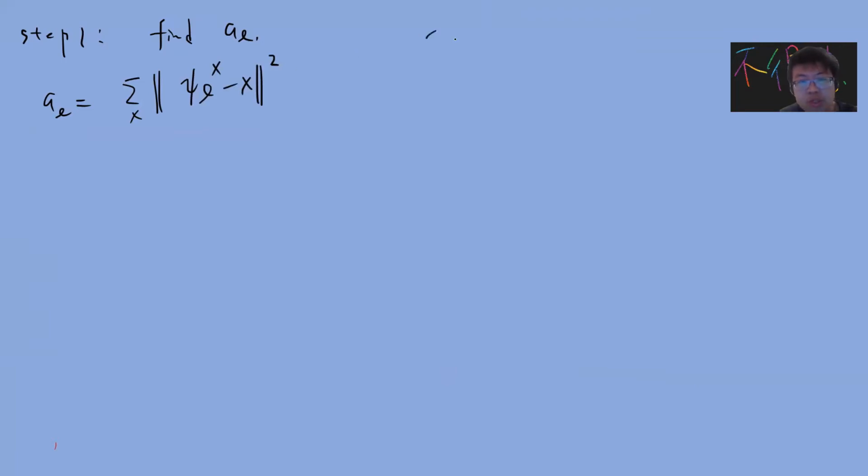Remember that we are subject to this condition. Hopefully this is simple, because you can just write AL in terms of x. So this gives you 1 plus 1 because they are unit vectors, so it's 2, and minus, maybe do it step by step.